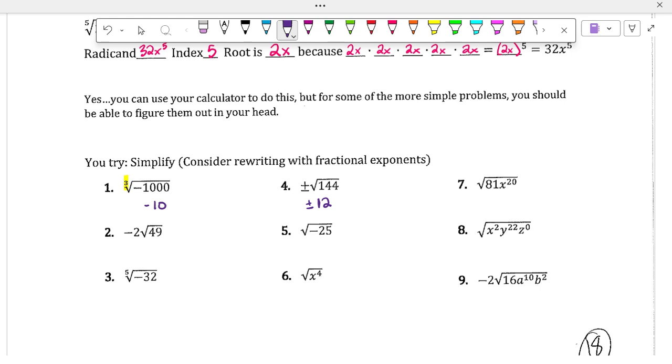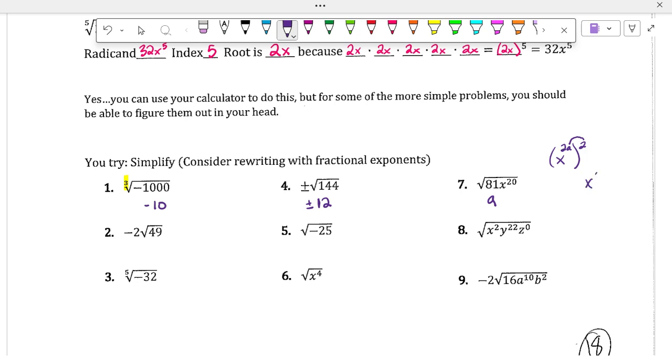All right, now, square root of 81 and x to the 20th. So we know square root of 81 is 9. Now, the way to undo a square exponent is just like if we were doing x to some power, let's call it a, all squared. We know power rule is you're multiplying that 2 to the front.